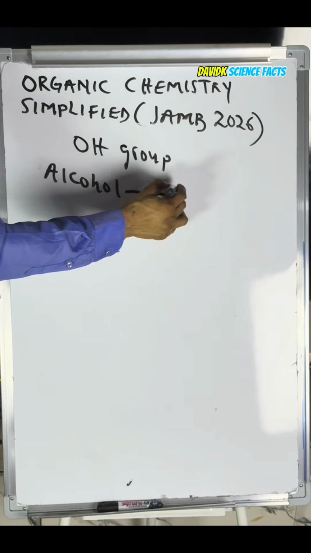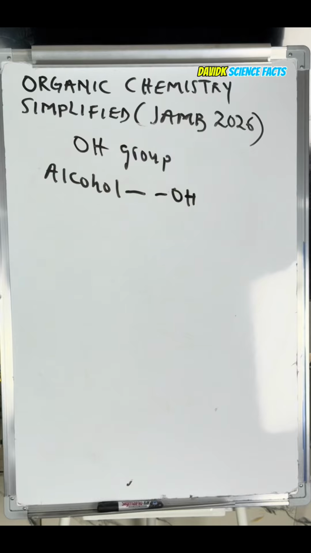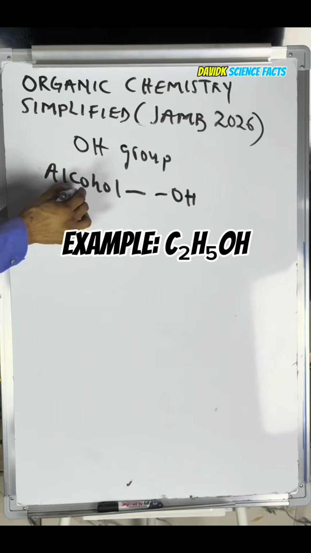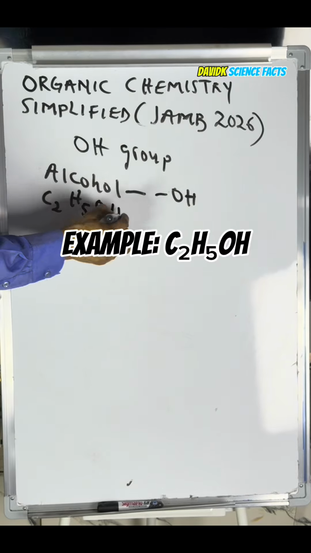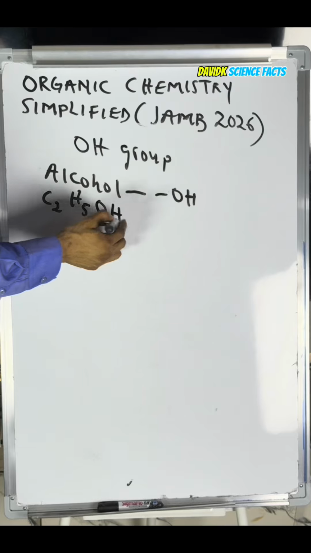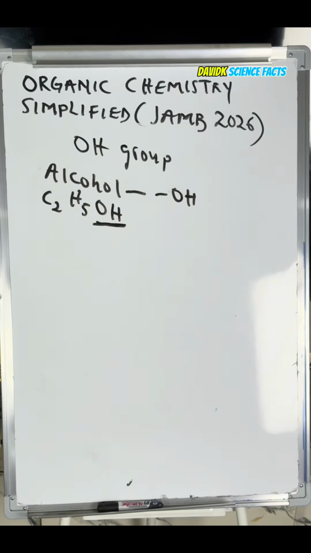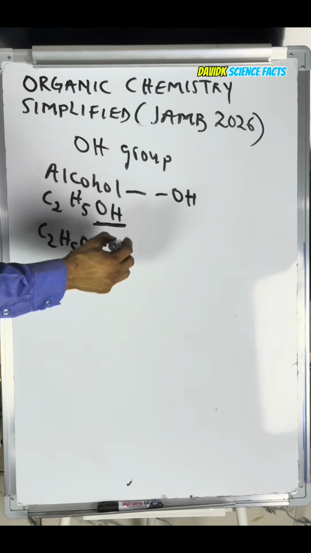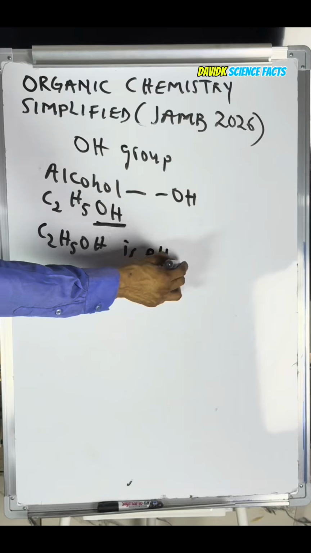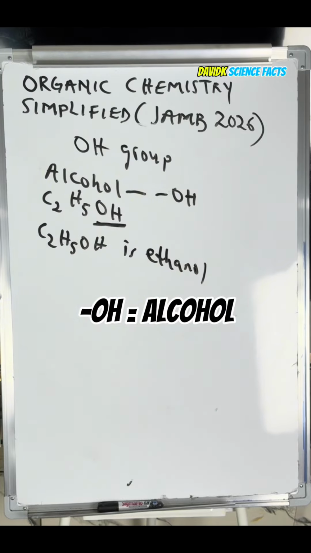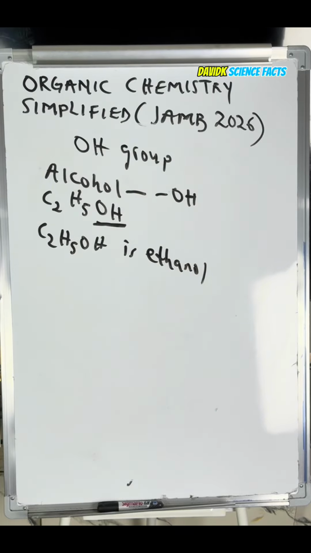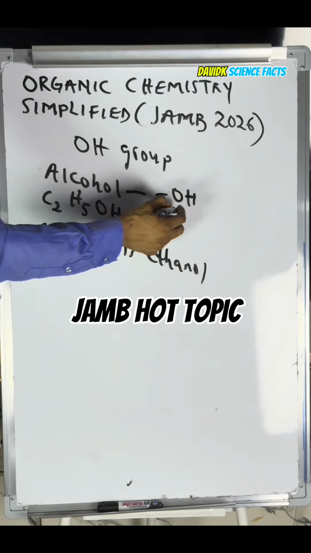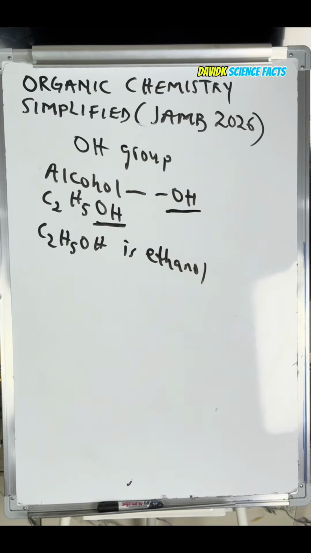Alcohol, like I said, OH. Example, we have C2H5OH. Take notice of the OH. C2H5OH is also ethanol. It is an alcohol because it contains the OH group.